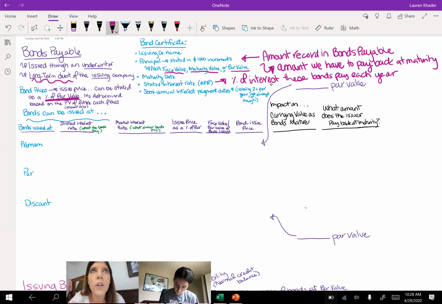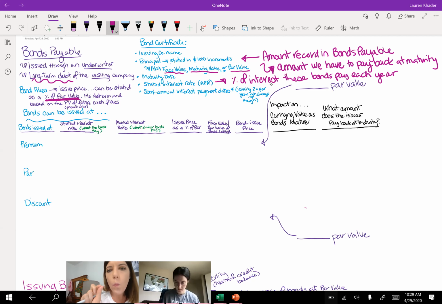Bonds are going to be issued at any date, and they're traded in an open market usually. And these bonds are influenced by 2 interest rates. So we're looking at the relationship of the market interest rate, what similar bonds are offering and paying in interest at the date that we issue these bonds, versus how much we're offering to pay in interest annually.